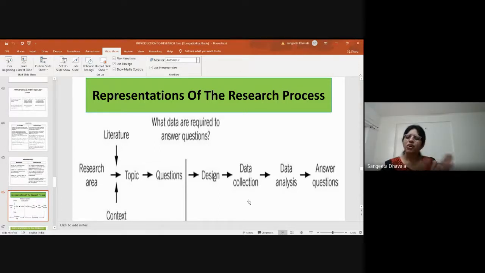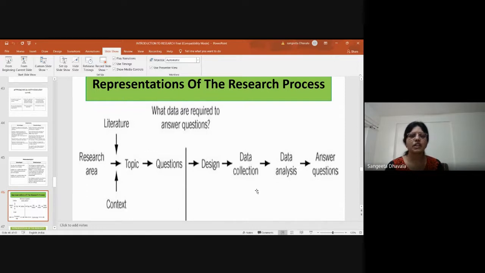So, what is this entire research process? How do we have to carry out the research? So here you see, first one is research area. Again, to make it clear to you all, I am going to use my own research title.